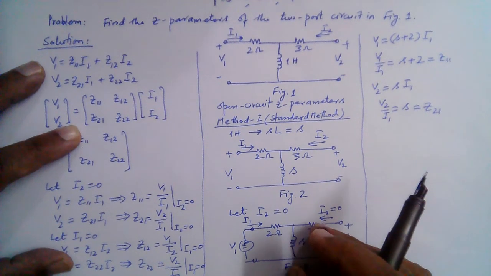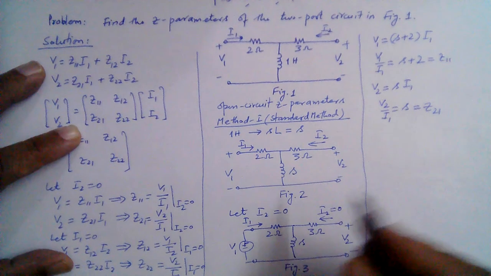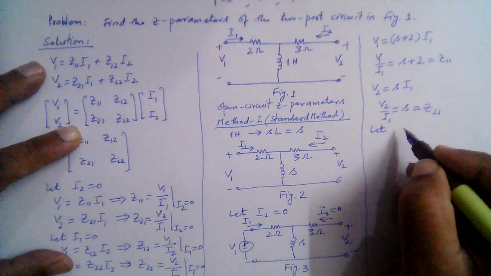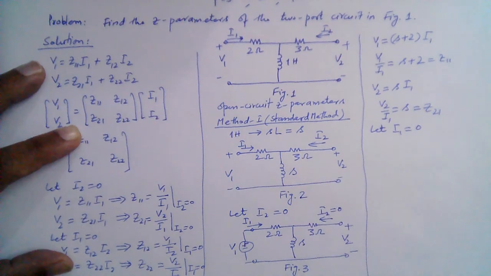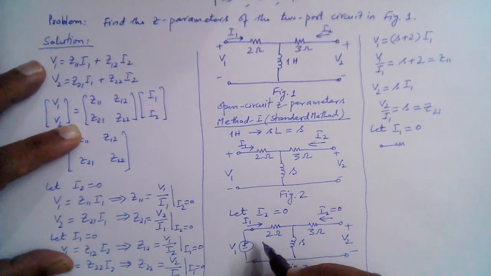Now to find the remaining two parameters, we put I1 equal to 0. Let me redraw the circuit again. In this case, we keep the input port open.